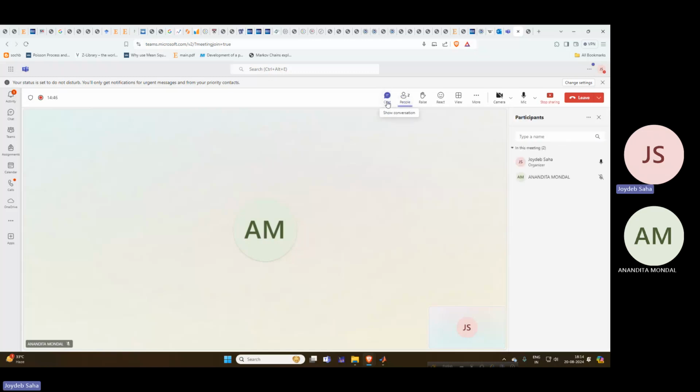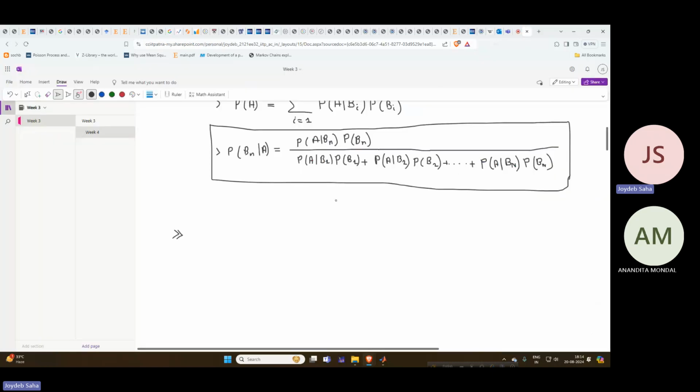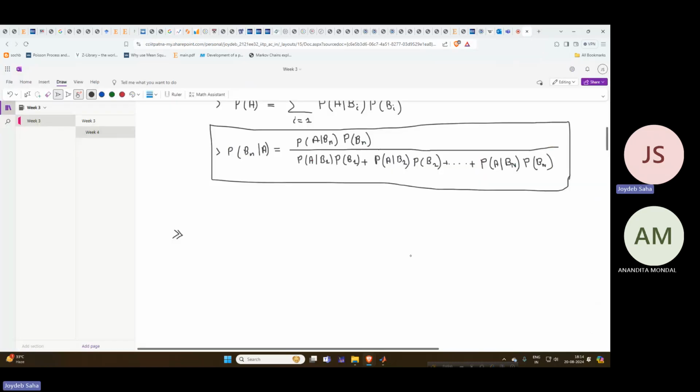You are not audible, so please write in the chat box whether you have received the previous slides and this OneNote file, basically the notes of the class. And till then, we will take some example.